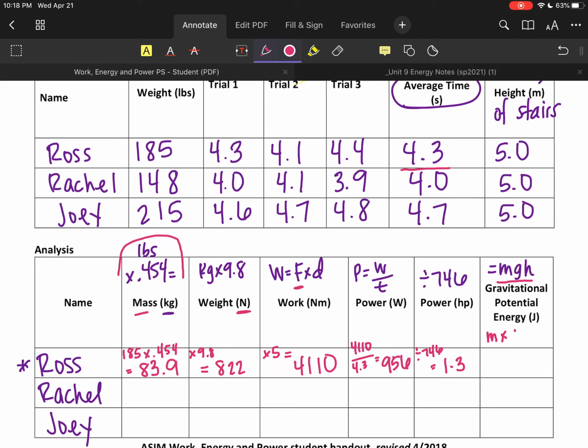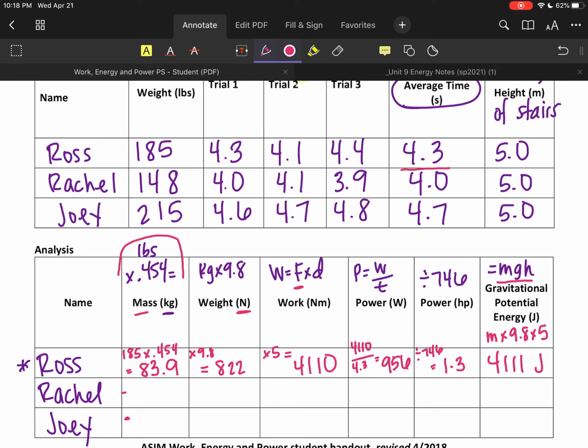Each person will have their own mass, but you'll multiply them all by 9.8 and then by 5, because the gravity is the same on everybody and the height of the stairs is the same for everybody. The only thing that will be different is each individual person's mass. So Ross's potential energy is 4,111, and that's in joules.